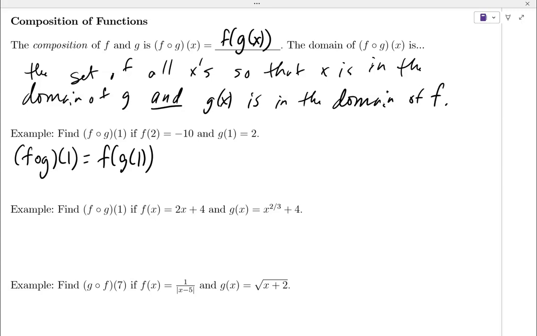So according to the information we're given in the problem, what is G of 1 equal to? 2. So we would replace that G of 1, that whole thing, with the 2. And then according to the problem, what is F of 2 equal to? Negative 10. So again, when it's written this way, the 1 goes into the G first, the output then goes into the F.